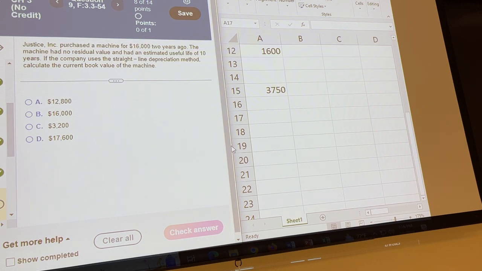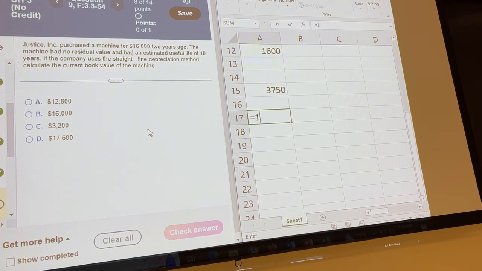Okay, another one, they purchased a machine for $16,000 2 years ago. The machine has no residual value, estimated useful life of 10 years. They use straight line depreciation, calculate the current book value of the machine. So we have to subtract 2 years of depreciation from the cost.